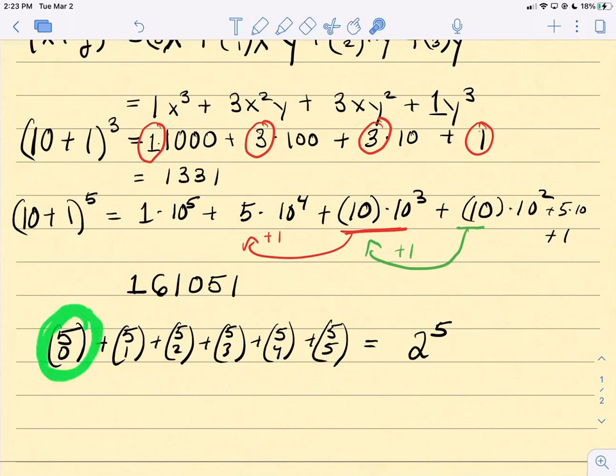No toppings is here. 5 choose 0. How many ways are there to get 1 topping? There's 5 ways. 5 choose 1. How many ways are there to pick exactly 2 toppings? 5 choose 2.